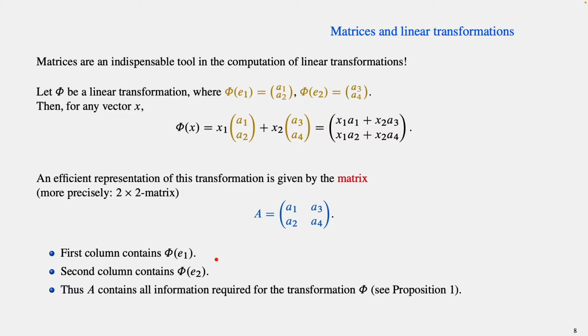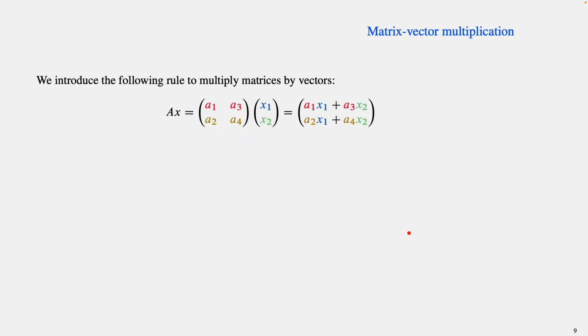And as we just saw in proposition 1, this matrix A contains all the information required for the transformation phi, because these 2 vectors here are all we need to completely determine the linear map phi. And we can define a multiplication of matrices and vectors by the following rule.